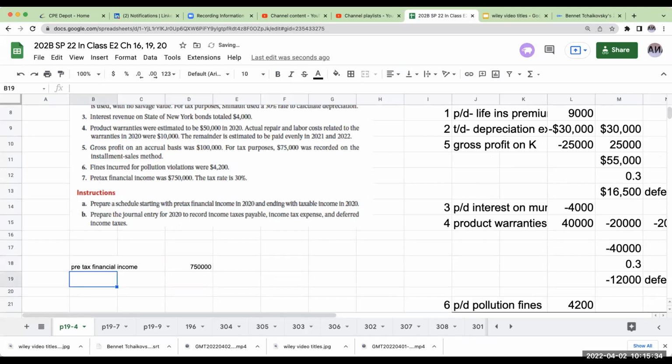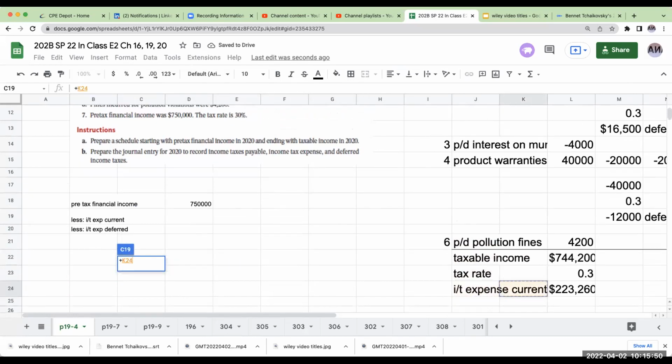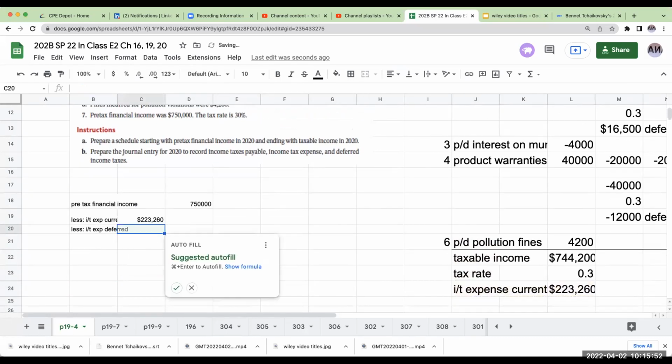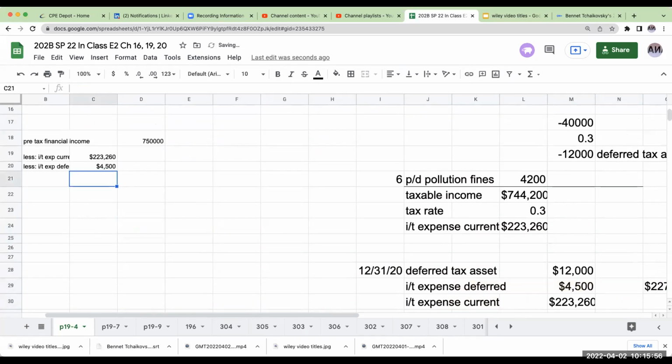Okay, so less our income tax expense current, less income tax expense deferred. So our current income tax expense was $223,260. Our deferred income taxes are $4,500.